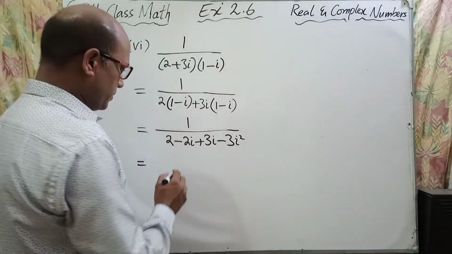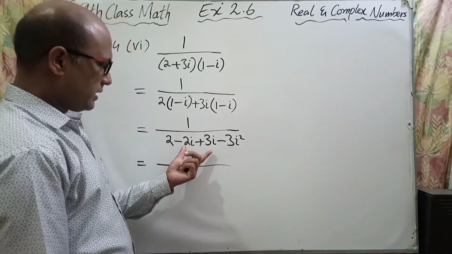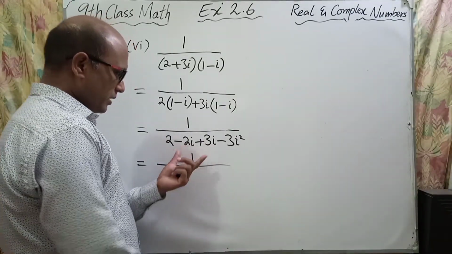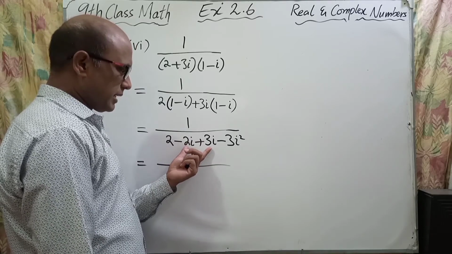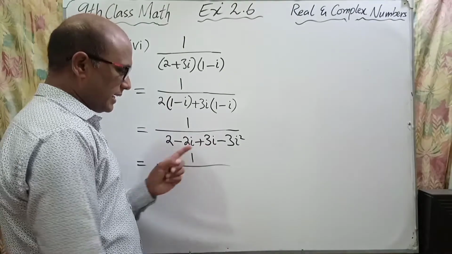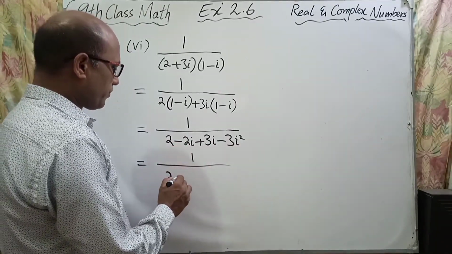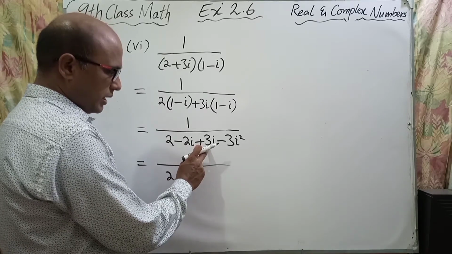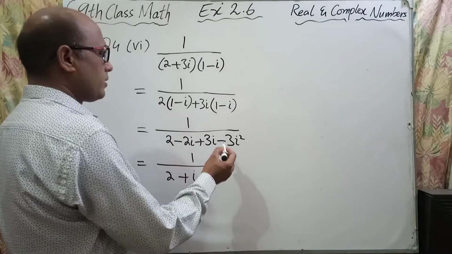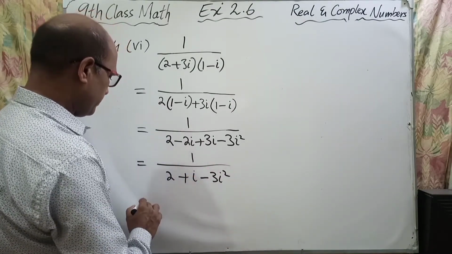So in the next step, 1 over. Now let's see which of these terms can be added. Now look at these two middle terms with the iota, so they will be subtracted because they have different signs. 3 iota minus 2 iota is plus iota, minus 3 iota square.